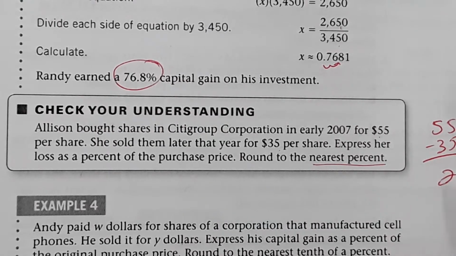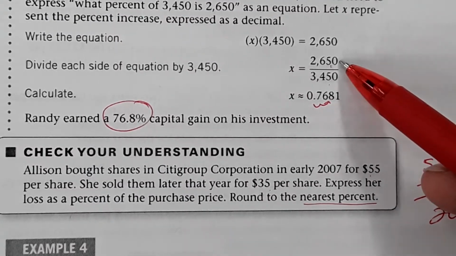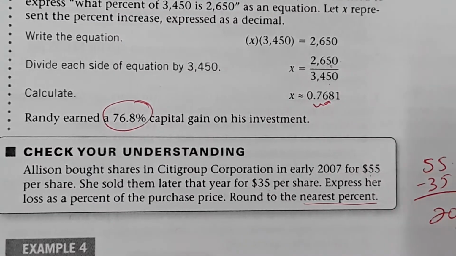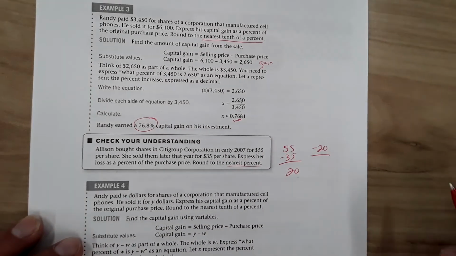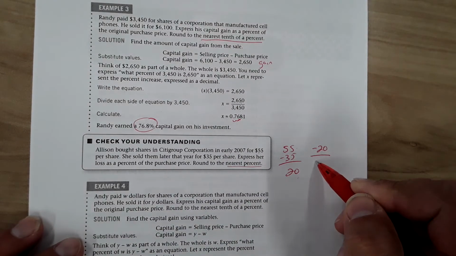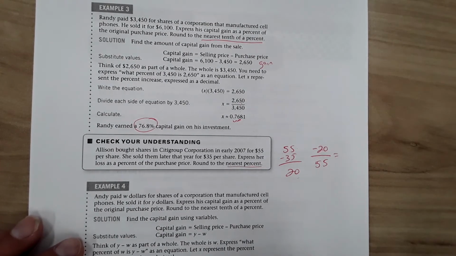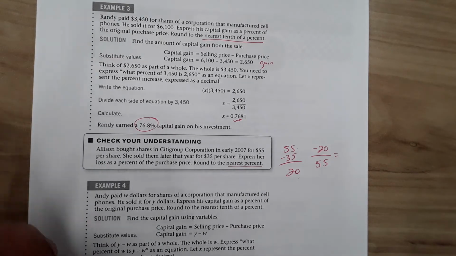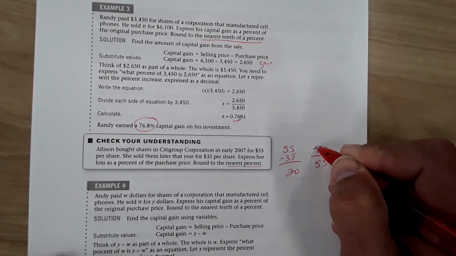And this is a loss. Remember, she paid $55. She sold them for $35. So this is a loss. And similar to what we did up here, we're going to take the difference between the two, which would be 20, or negative 20 because it was a loss, and divide that by what she started with. And she started at $55. So this is how we're going to get the decimal. So 20 divided by 55 would be, actually we know that's a loss.